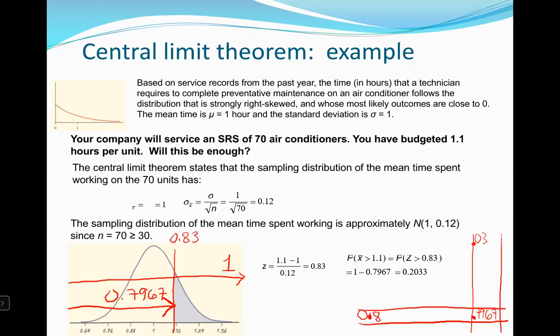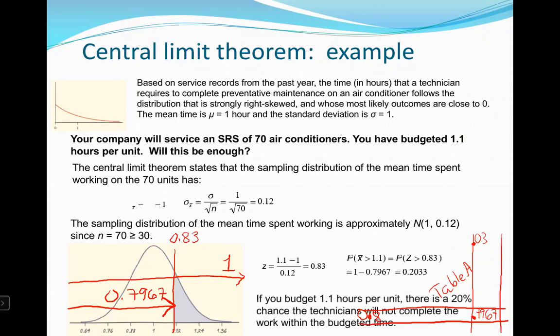So that's your result from table A. So subtract 0.7967 from 1, and we get that the shaded area to the right is 0.2033.